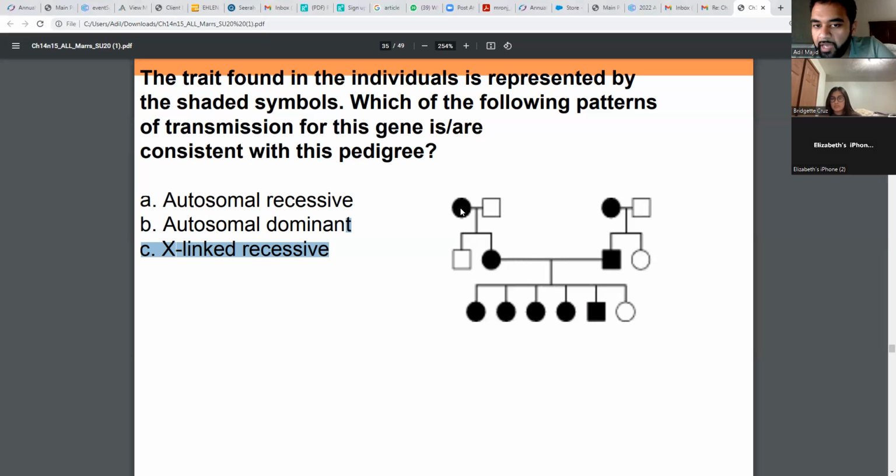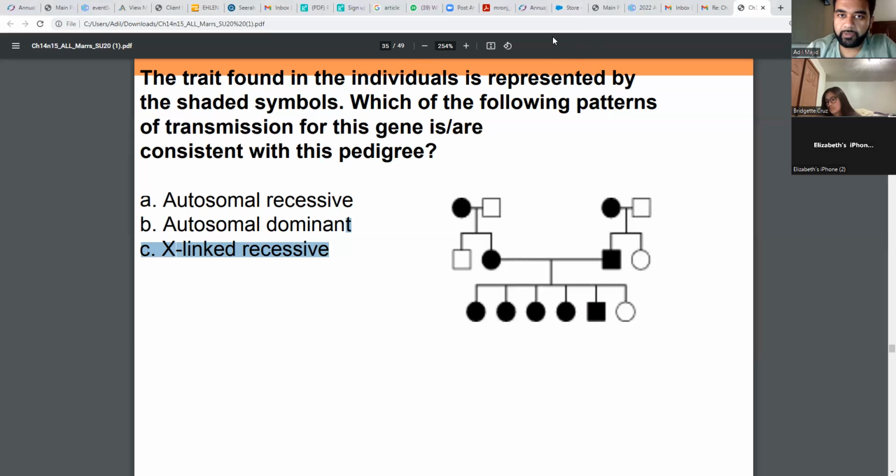Now we have to go in and see, if this person is X-linked recessive, does it make sense that this person could still be showing that trait? Can this person still be showing that trait? All these should make sense if it's X-linked recessive. We shouldn't find any inconsistency in the genotypes that we see. So let's just run through this real quick.